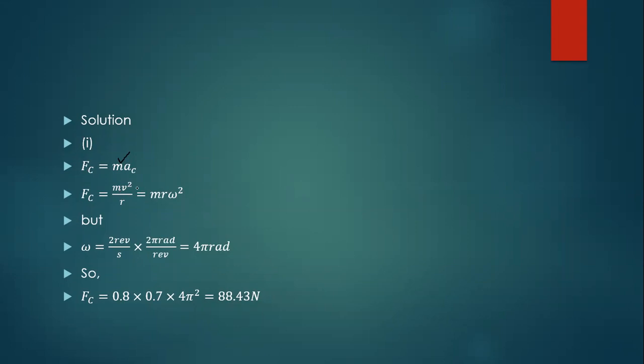And we know that this expression, v squared over r, we can also express it as r omega squared. Do we know how we come up with this expression of r omega squared from this expression? Anyone who doesn't know how we come up with it?